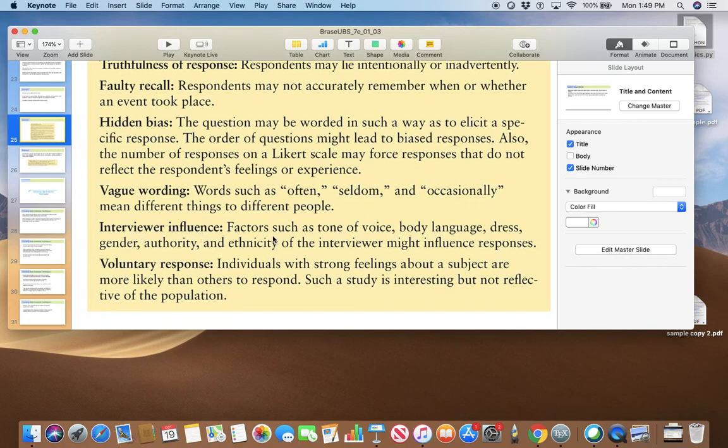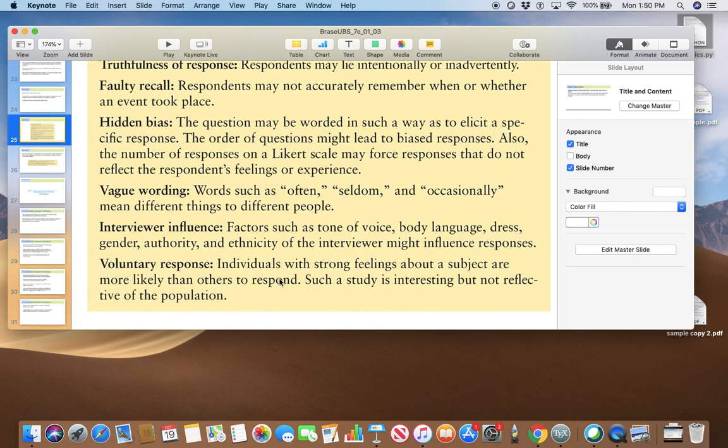Interviewer influence. Factors such as tone of voice, body language, dress, gender, authority, and ethnicity of the interviewer might influence responses. This is the human condition, right? We see a person, how they are dressed, how they look, their ethnicity, their accent, and we give either a favorable response or not.